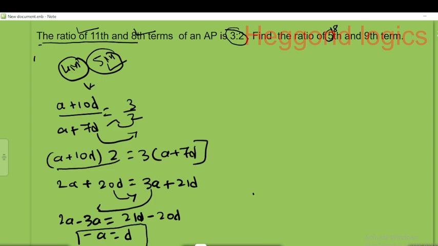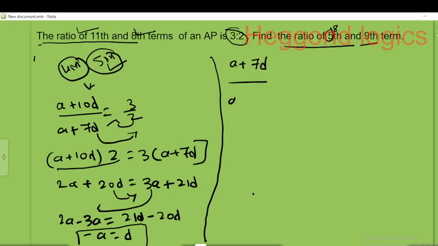After getting the d value, just you have to put it in the next equation. The first one, find the ratio of 8th term and the 9th term. 8th term means directly a plus 7d by a plus 8d is equal to.